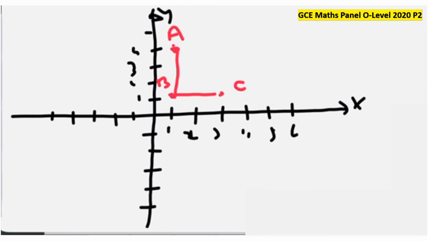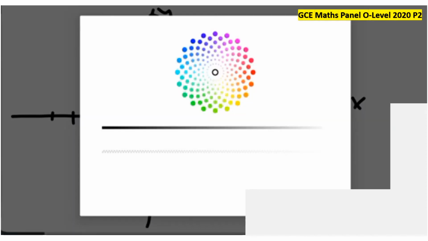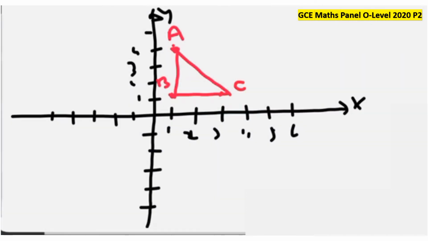Now I link them. So that's what I have. Now when I rotate this by 90 degrees anti-clockwise, look at this point (1,1). Look at what happens. When you rotate it by 90 degrees clockwise, it will move from this point to this point, so it will not be like that.